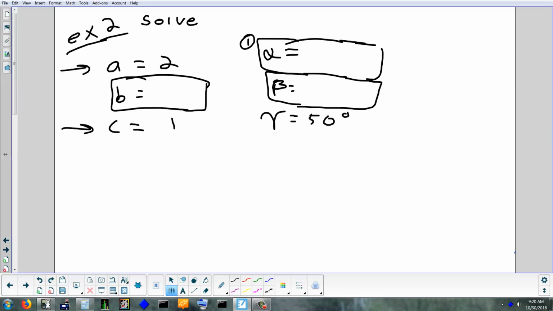So I'm going to use the two rows where my arrows are pointing. And what would be my proportion that I would set up here?